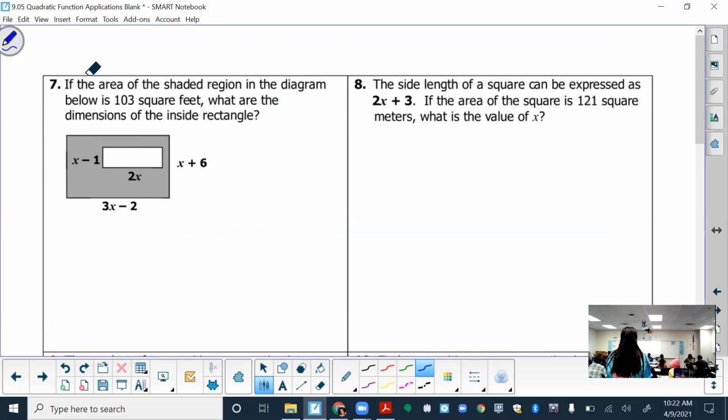So here's how you would set this one up. So area equals base times height. Area is 103. And like I said, we have to take the area of this big one. So the dimensions of the big one are what?